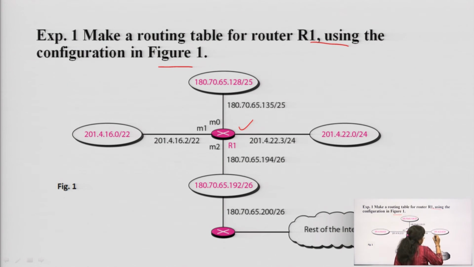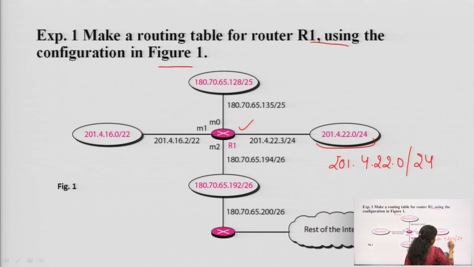If you can see, this is written as 201 dot, this is dotted decimal notation, 24. So, this is x dot y dot z dot t by n. This is nothing but the mask, and this is the address.